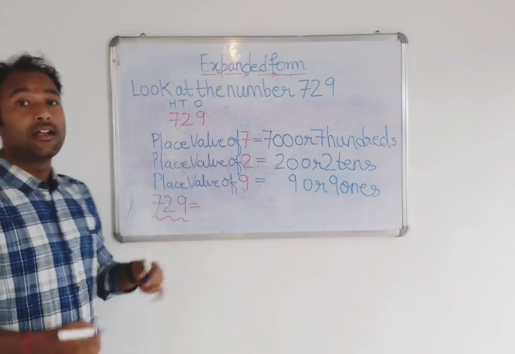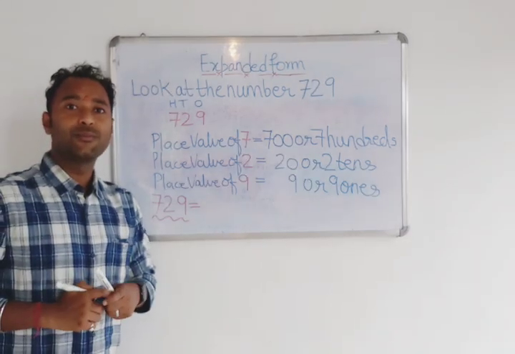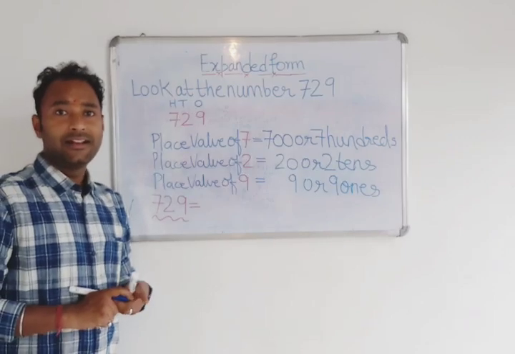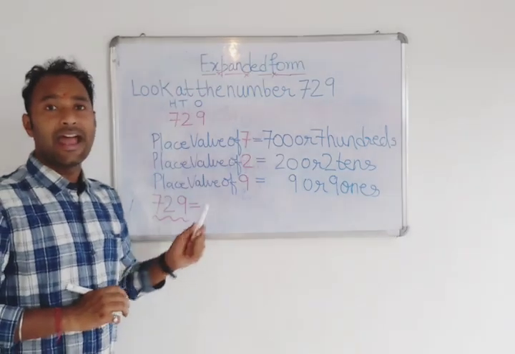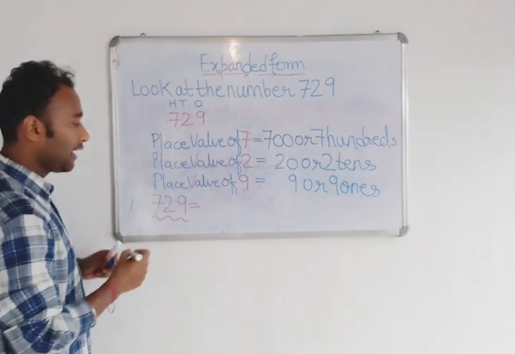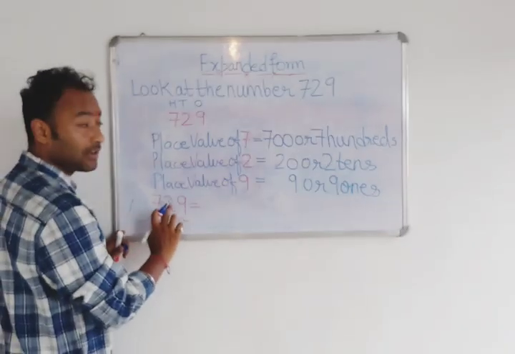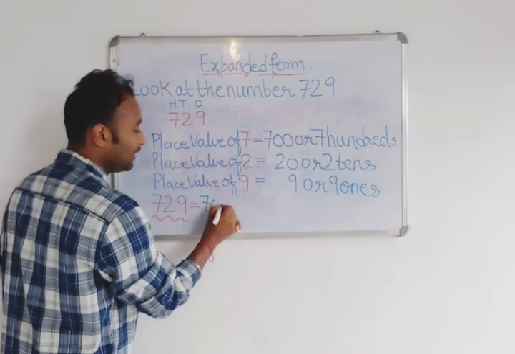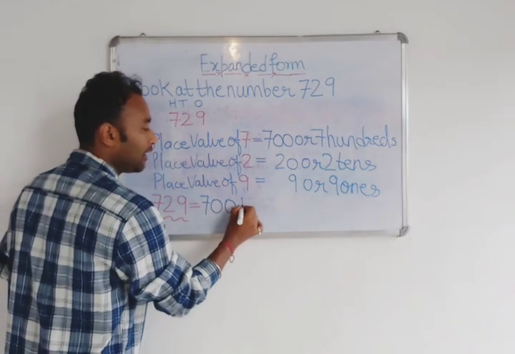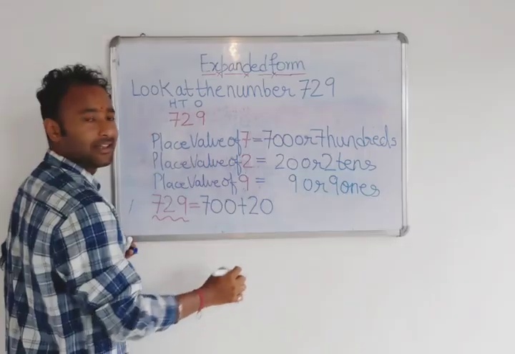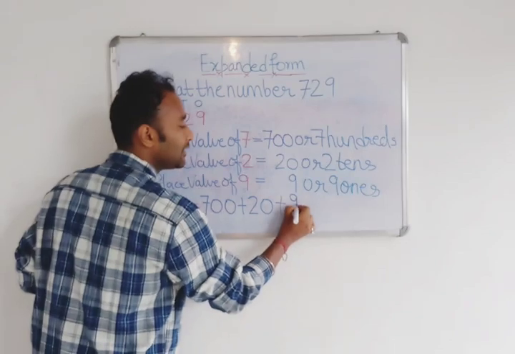Now the definition of expanded form says that whenever the digits are there, you always add the place values. Understood, students? So now here you will write for 729. What is the expanded form? It is 700 plus 2 tens and lastly 9.